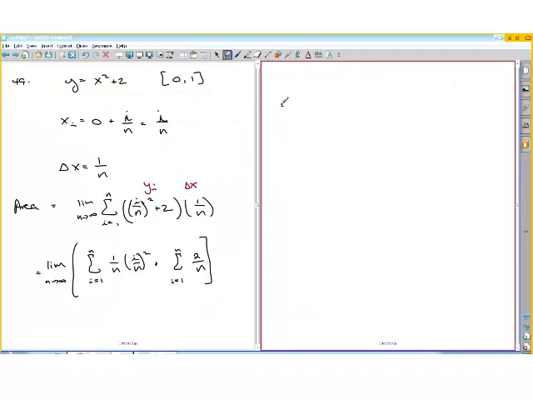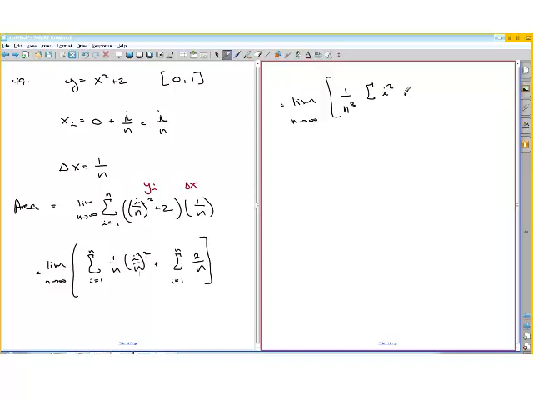Now I can factor out the n, so what we'll have is the limit as n goes to infinity of, well, the first term we're going to have 1 over n cubed. Where do we get that from? Well, we have n squared, so n times n squared is n cubed, times the summation of i squared.